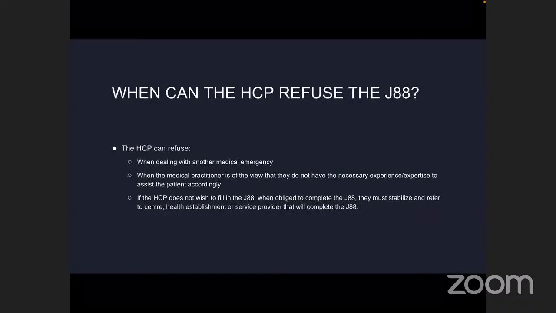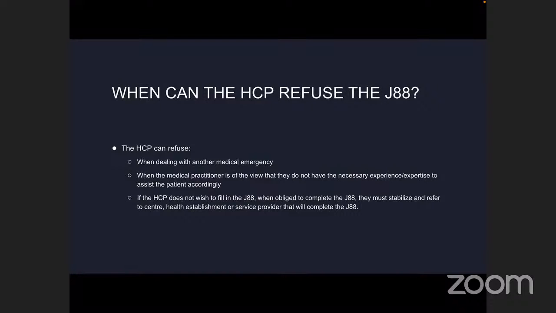So in cases which sometimes are noted where healthcare professionals actually refuse to do J88 forms, there are a few moments where it is accepted. One is when you're dealing with another medical emergency, you're allowed to delay and not do the J88 form right away. The other one is if you view that the case that has taken place, you do not have the necessary experience or expertise to assist the patient accordingly and fill in the J88 form, you're also allowed to defer it.